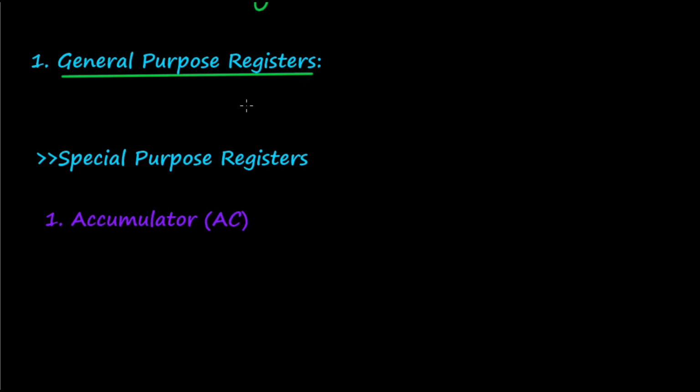Suppose you want to add two numbers. Suppose you have decided that A is 10 and B is 50. Now there are many kinds of general purpose registers inside a CPU. So you store these in registers, suppose HL and BL. Now you just have to say add HL comma BL.